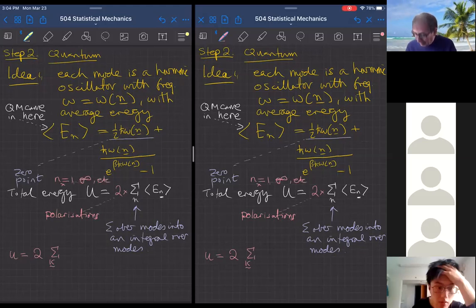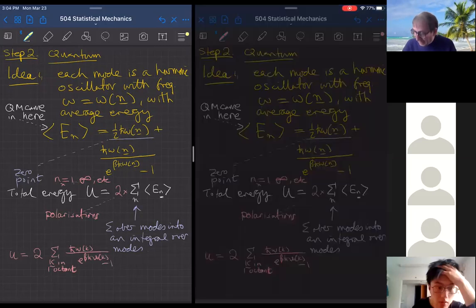And so this sum is over k in the first octant of h bar omega of k over e to the beta h bar omega of k minus 1.